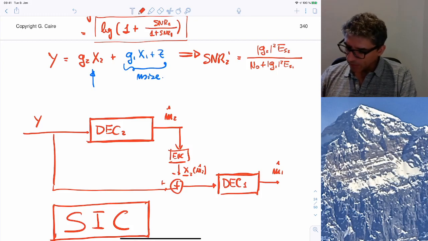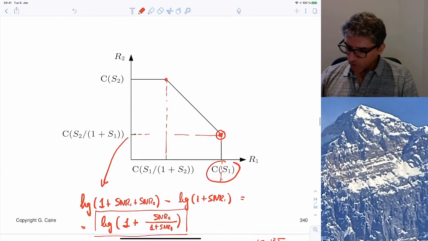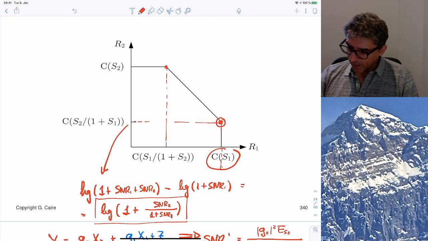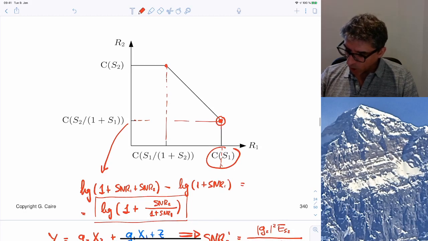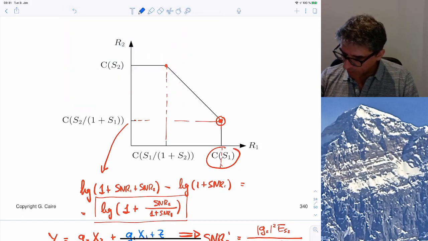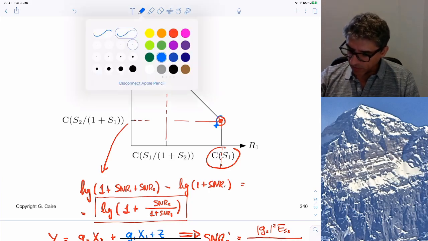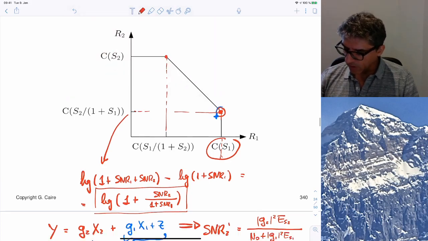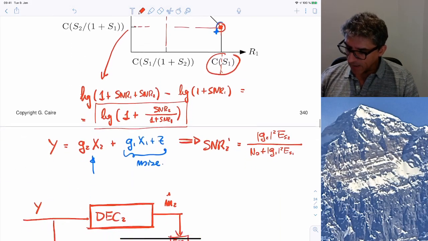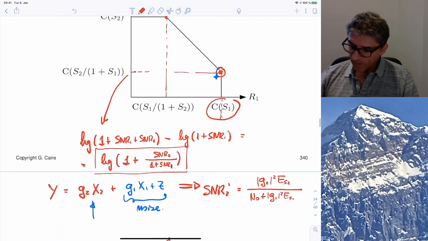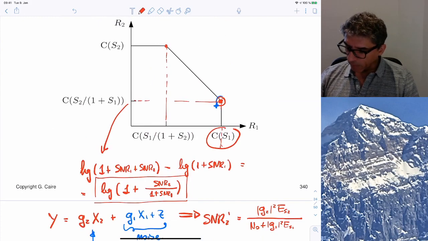But it turns out that if you can fix and schedule the rates such that we are close, for example, I can schedule rates that are close to this point, and then I can use successive interference cancellation, which is much more advanced, and in fact it is asymptotically optimal in the sense that it will reach this corner point.